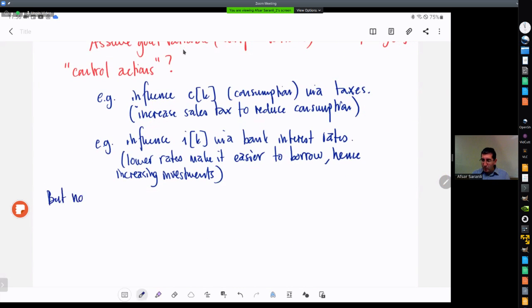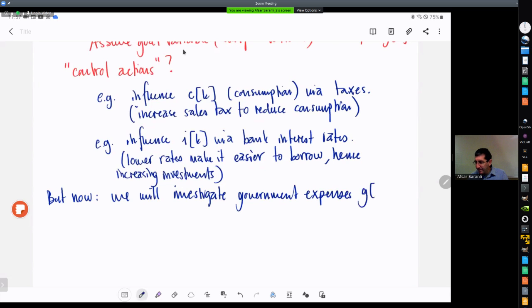But now we will investigate something else. We will investigate government expenses, G of k, as the main actuator.